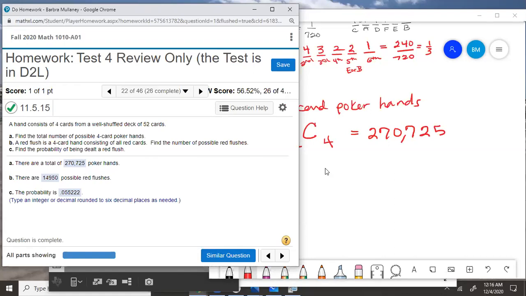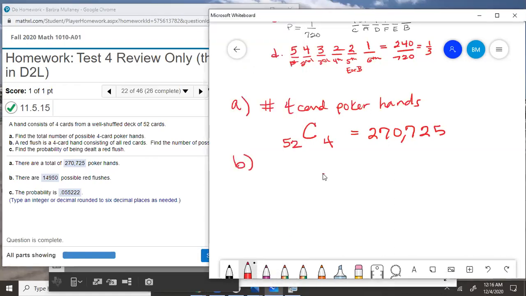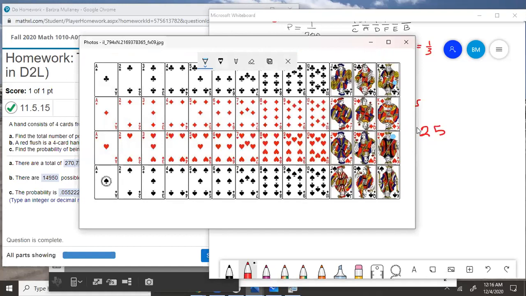In part B, a red flush is a 4-card hand consisting of all red cards. Find the number of possible red flushes. So when we look at our deck, we know that half of it, or 26 cards, are red.